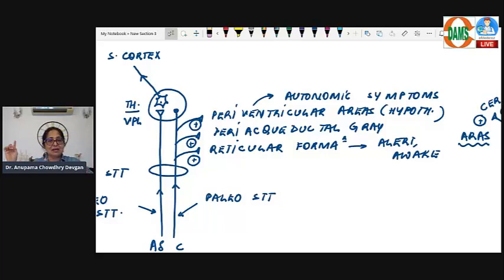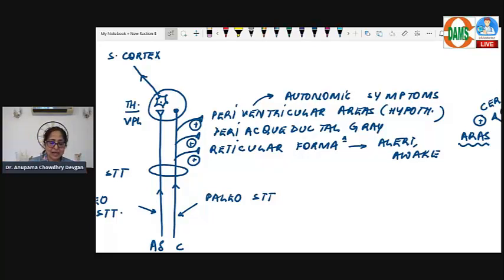Periaqueductal gray is the gray matter around the aqueduct of Sylvius. What is the significance? We'll do that a little later. They also give collaterals to periventricular areas of hypothalamus, which are responsible for autonomic symptoms. And C fibers terminate in the thalamus.